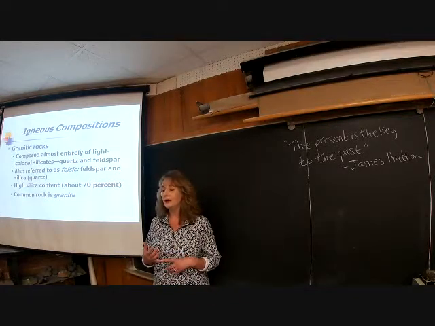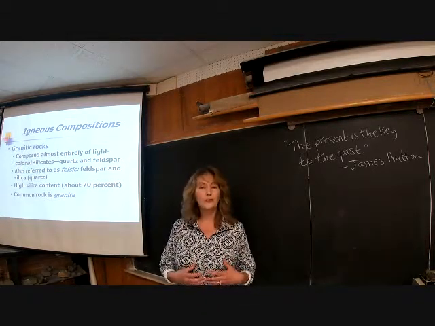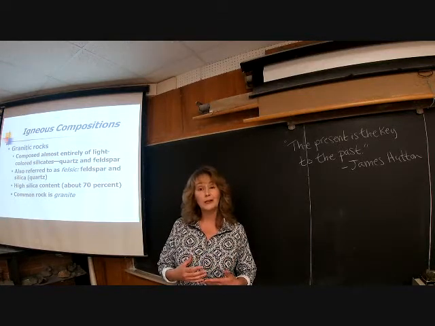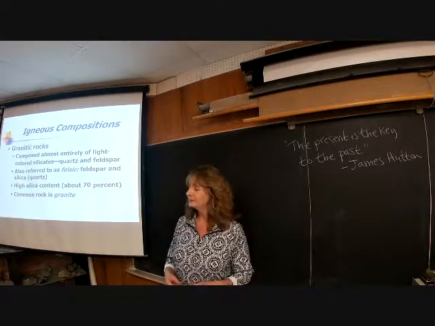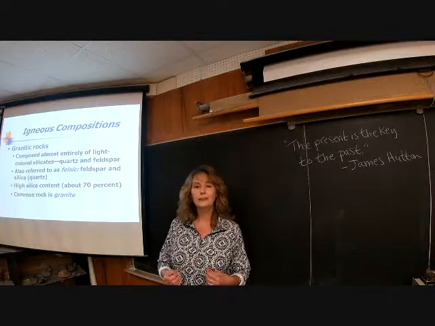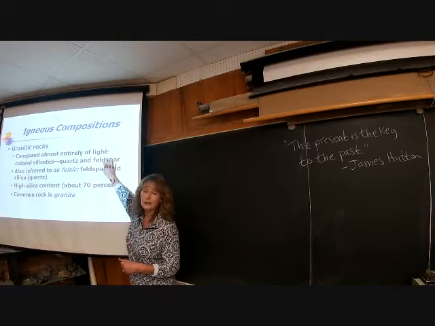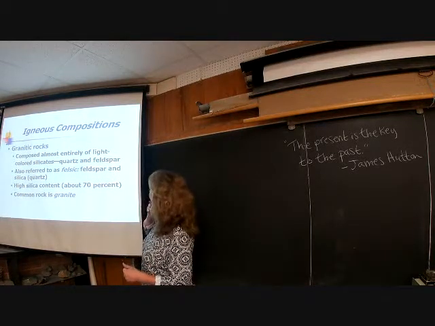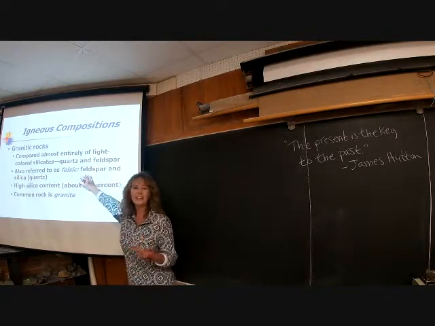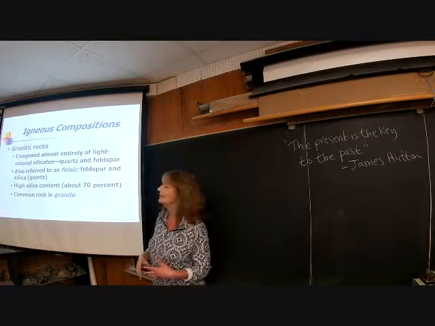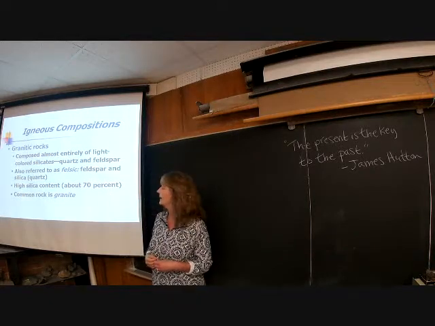But we call the granitic, so granite-like rocks, the mineralogy of the ones that have the feldspars in them, the muscovite mica, like I showed you, and the quartz in those. Maybe they got a little bit of the hornblende in there as well, but composed mostly entirely of those white silicates, the quartz and the feldspar. So we call that felsic, standing for the feldspar content mineralogy in it, and of course the silica as well. Okay.